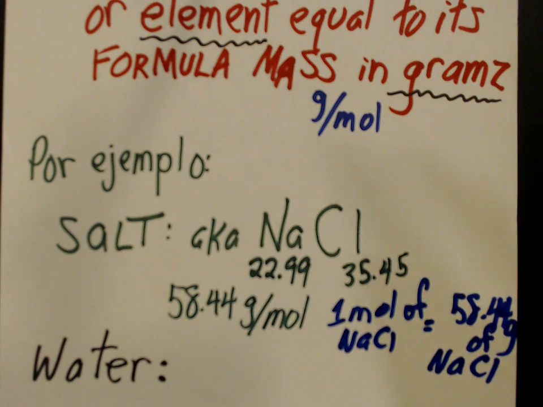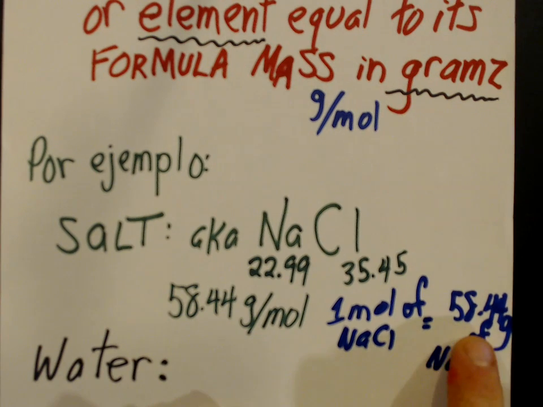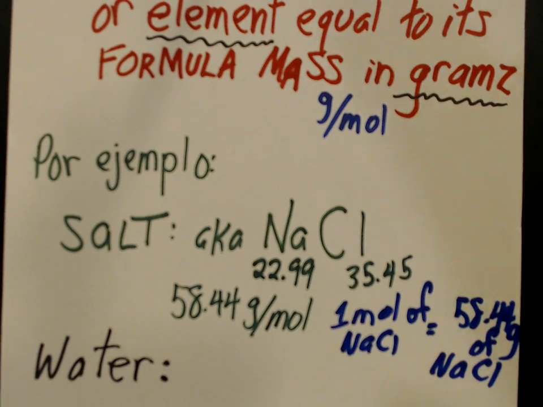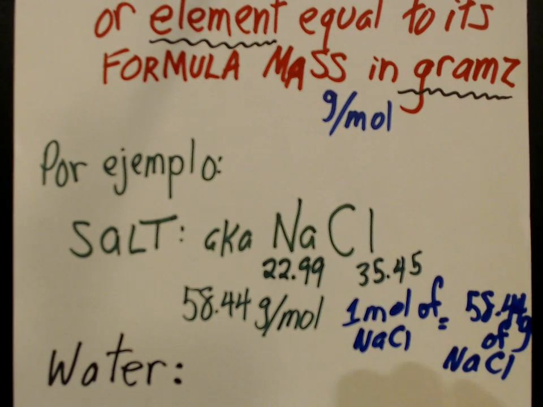So if you were in a lab and you needed to obtain 1 mole of sodium chloride, you'd get a scale, put on a little piece of filter paper or a weighing boat, hit tare, and then add sodium chloride to the scale until it read 58.44 grams, and then you would say, look here, I have a mole of sodium chloride.